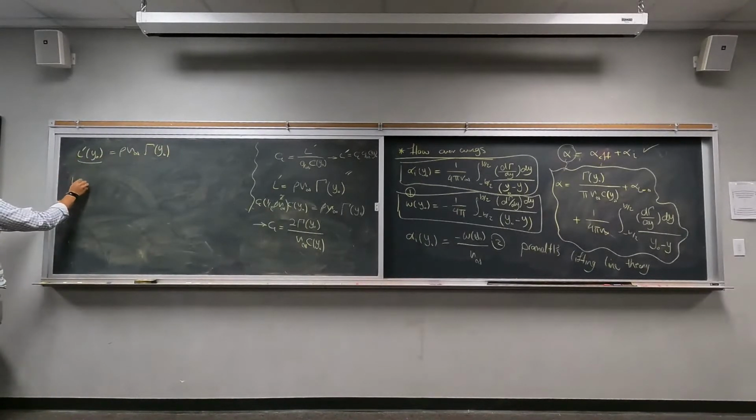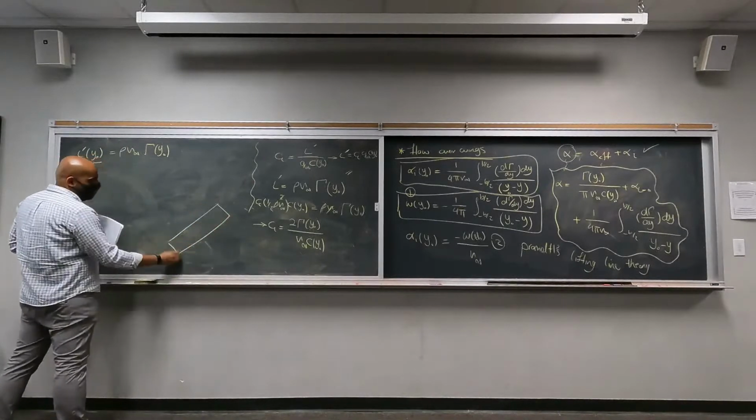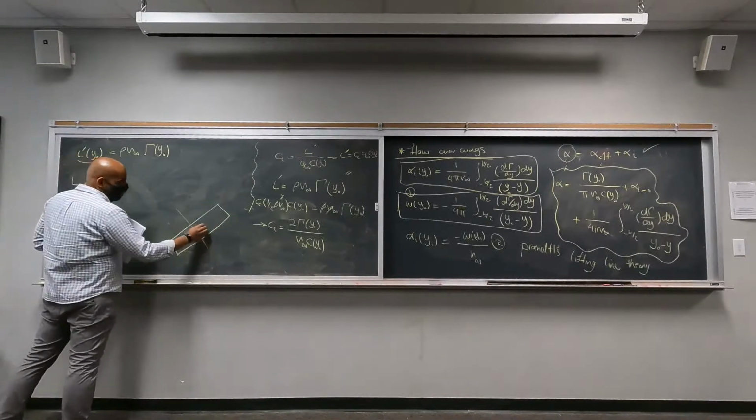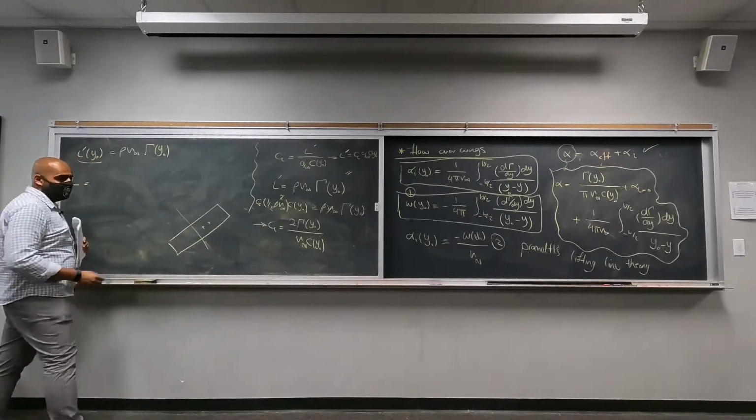To find the total lift on the wing, let me actually ask you. We have the lift per unit span. Again, lift per unit span is newtons per meter, right? That's a lift at any point on the wing. Let's say this is your wing again. Lift here is going to be L prime, lift per unit span, right?